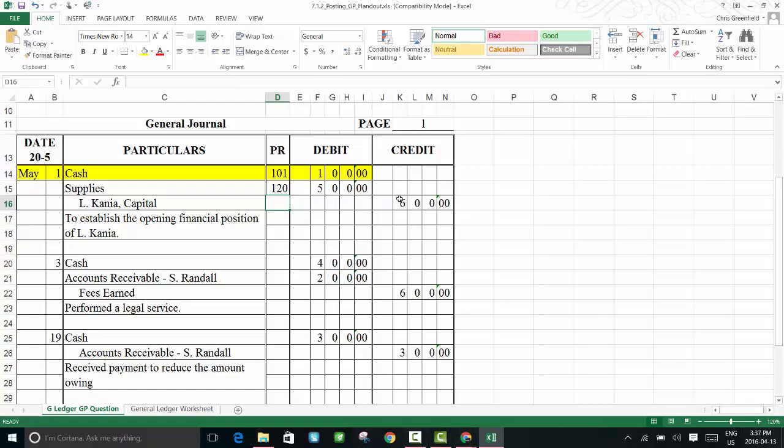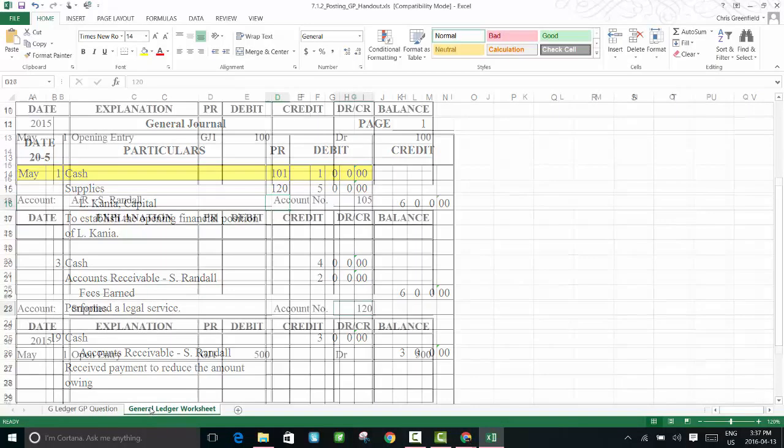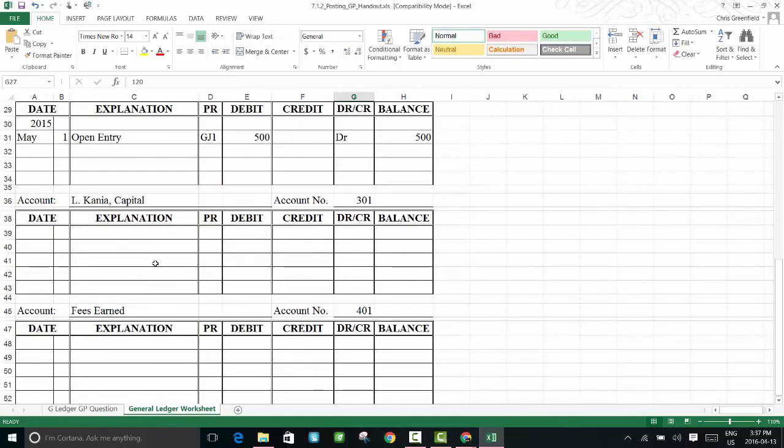All right, now the last one I have for this entry is for my capital account. I have a credit for $600. So I'm going to go back to my ledger accounts. Again, same process as before. Opening entry. This came from my General Journal page 1.